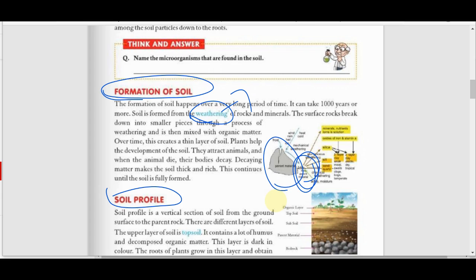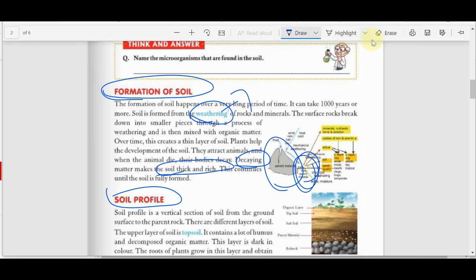Soil is generally formed from major rock or large rock. This process is generally known as the decaying process. Decaying matter also helps in making soil thick and rich. Most of the outer or upper part of the surface of the earth is made of soil.